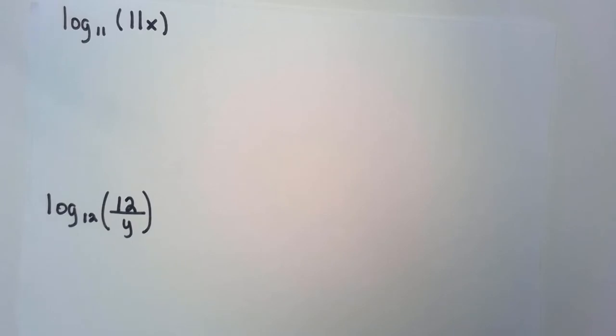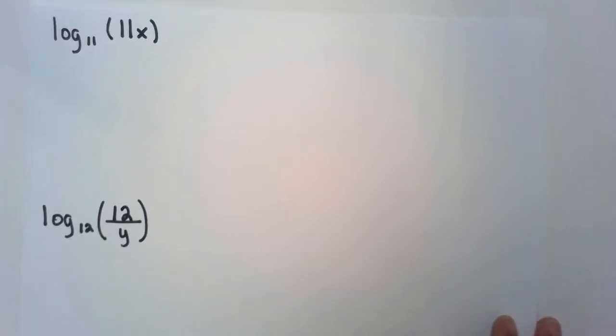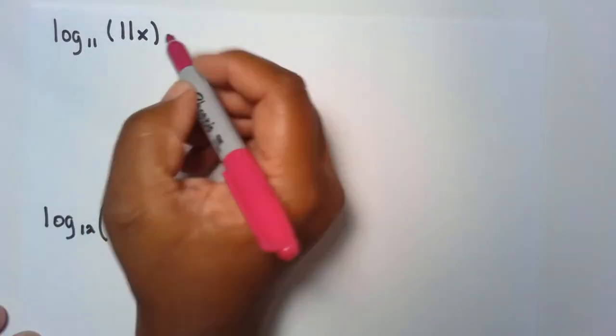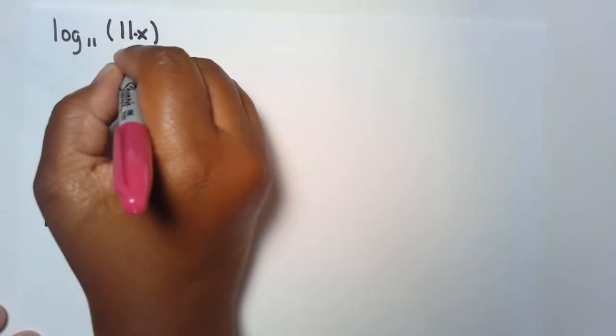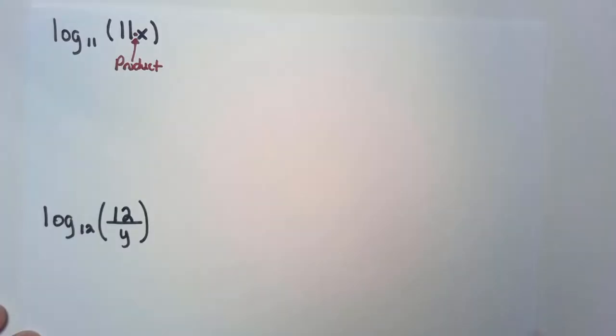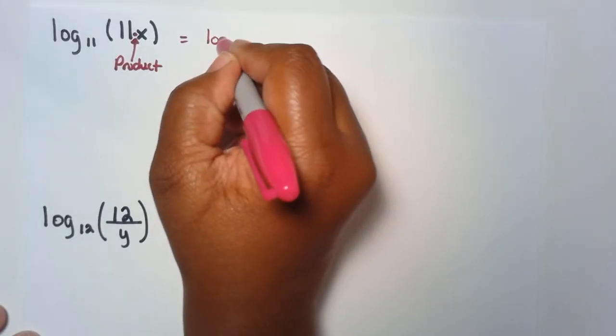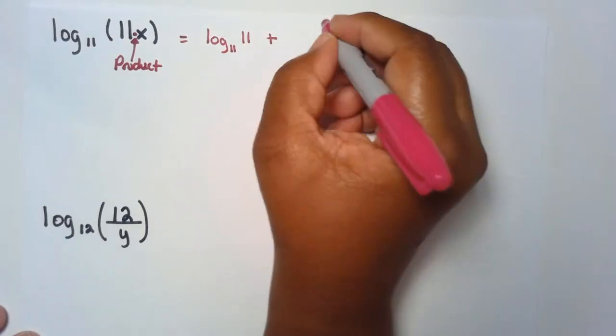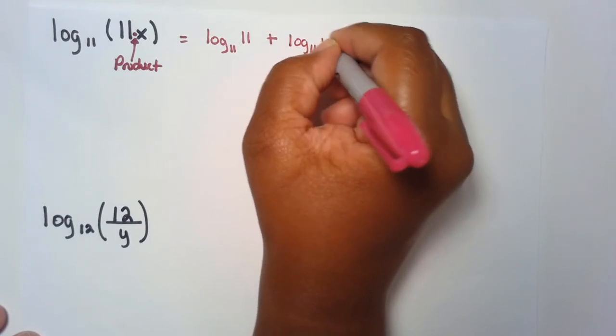We have here log base 11 of 11x, and then we're going to look at log base 12 of 12 over y. Again, we have a product. So let's put the times here, product, meaning we're going to add the logarithms. So we have log base 11 of 11 plus log base 11 of x.